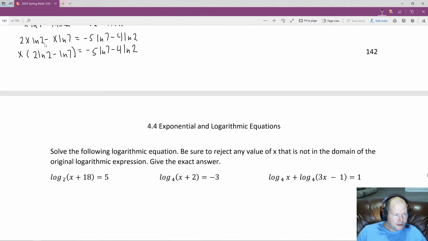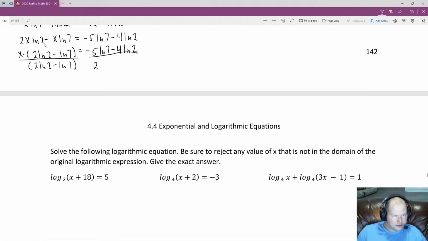Right? And now we're going to undo the multiplication of this x by this parenthesis with the 2 natural log of 2 minus natural log of 7 by dividing by 2 natural log of 2 minus natural log of 7. And whatever I do to one side, I do to the other.